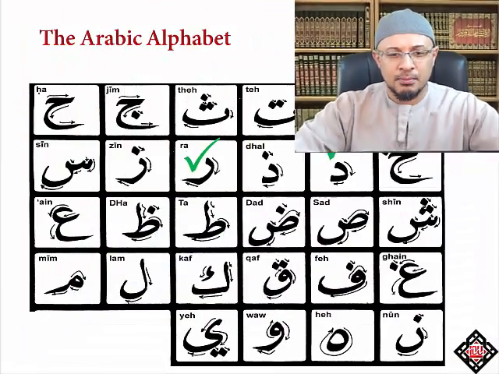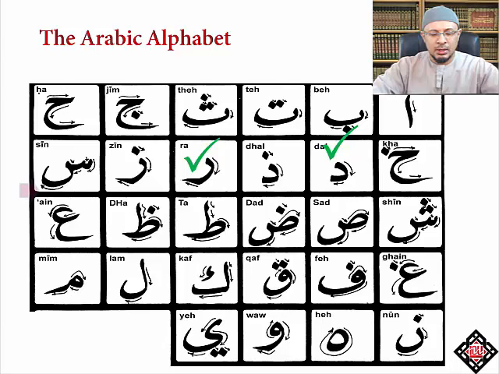We're going to go further, inshallah, and look at two more letters in this Module 1. So this is the letter Sin, which we are going to study, and the letter Noon. These are the two letters which we are going to be studying in detail today.